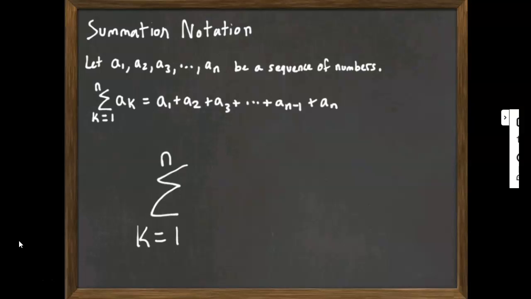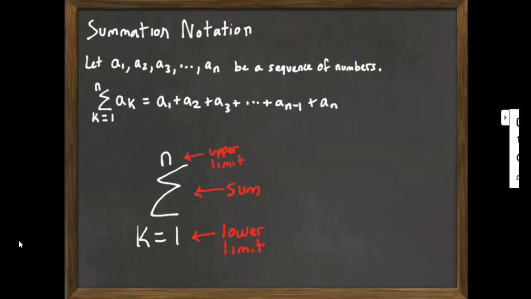Now, that notation there, the sum as K goes from 1 to N. The sigma there is the sum, that big E-shaped letter, that's the symbol for sum. The 1 down on the bottom there is our lower limit.